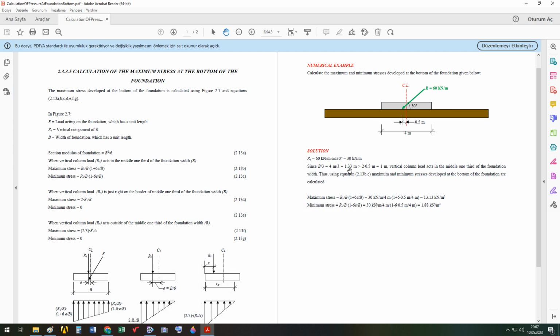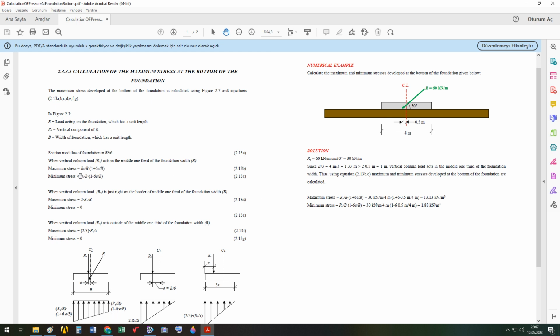As you see here, 1.33 meters is greater than 1 meter. So our load coming from the column is inside the 1/3 portion of the foundation breadth. That's why we use these formulas. And the condition is here where the minimum stress is not 0.